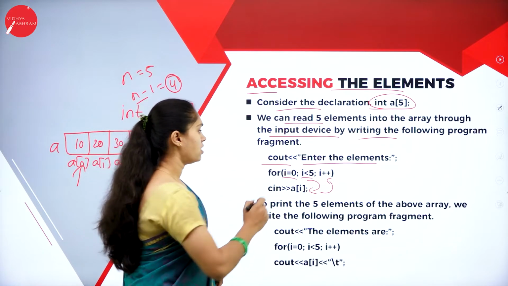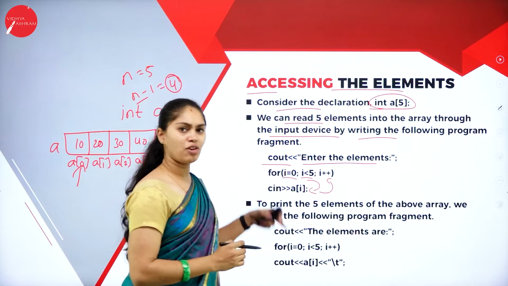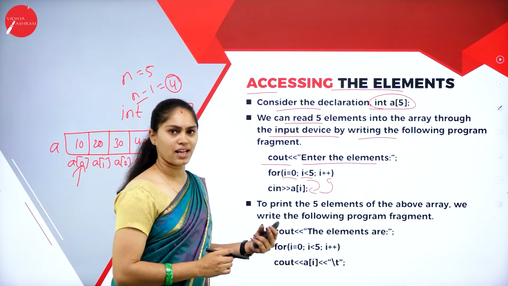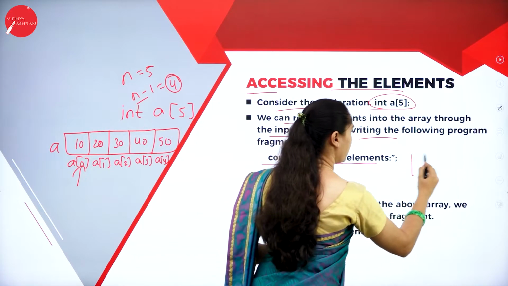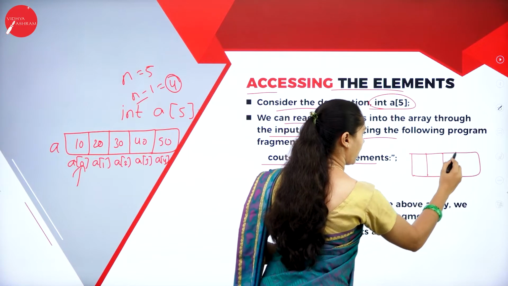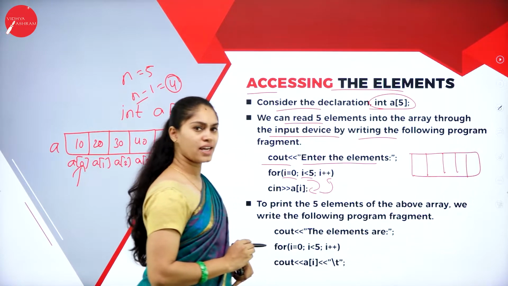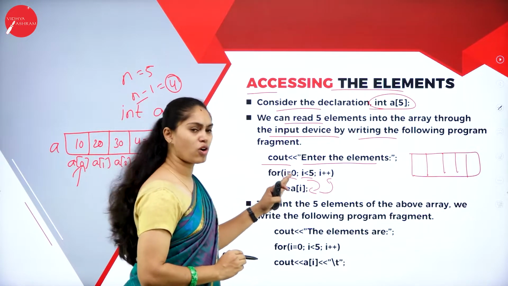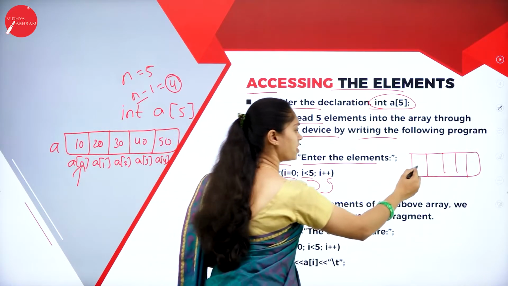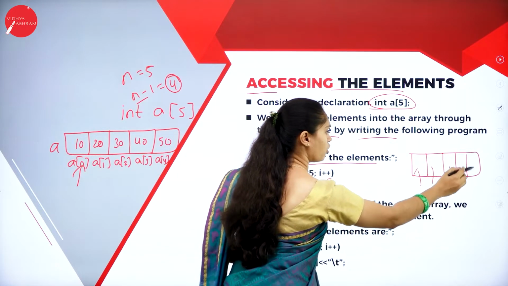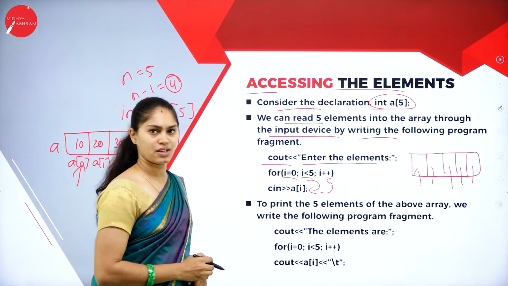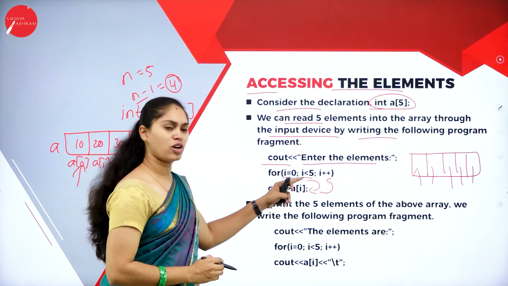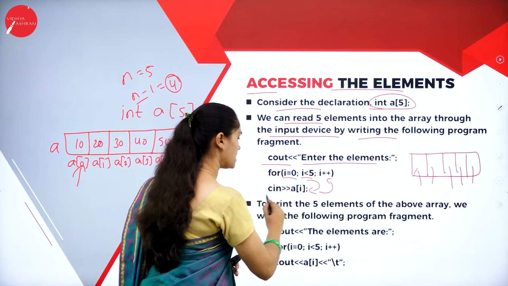So, we'll see now. Cout, enter the elements. I have to give the value for all the 5 elements. Initially it will be vacant. Then, by making use of this for loop, I have to give the value of the first element, second element, third, fourth, and at last the 5th element. So by making use of the for loop, and we require the cin.